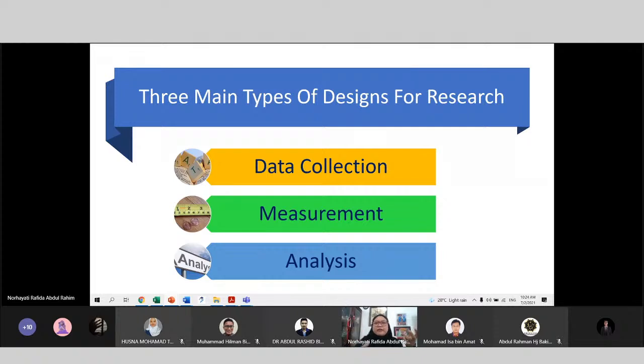After listening to my sharing now, you will realize how many studies miss this part, the research design. They explain, they write, but they don't have the framework.